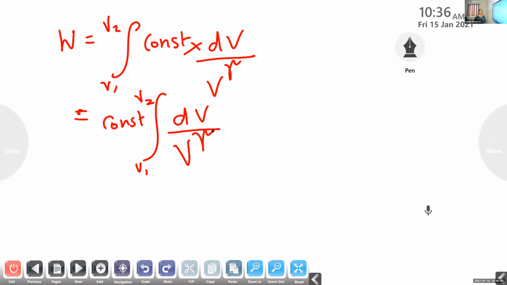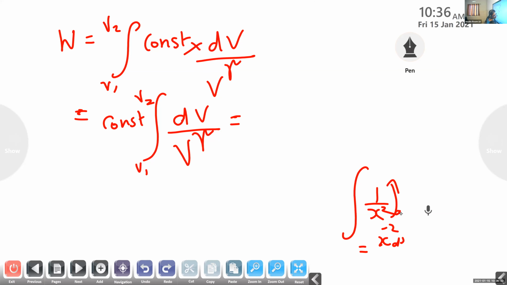Now again integration. For isothermal expansion, we wrote the answer in terms of log. We can use that also, but here we can go for the ordinary method. If you have the integration of 1 by x square, you take the power up, and it becomes x raised to minus 2 dx.